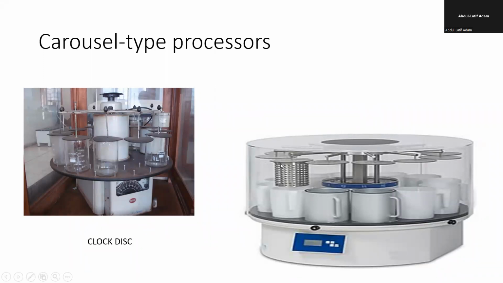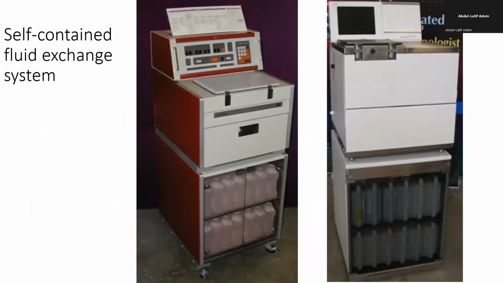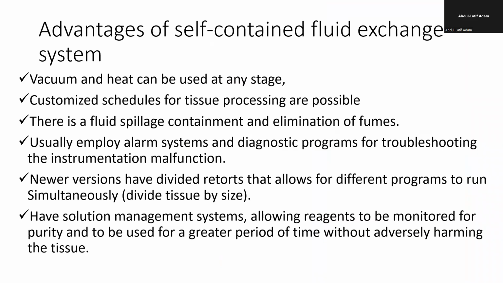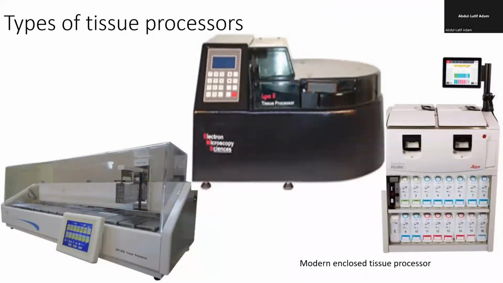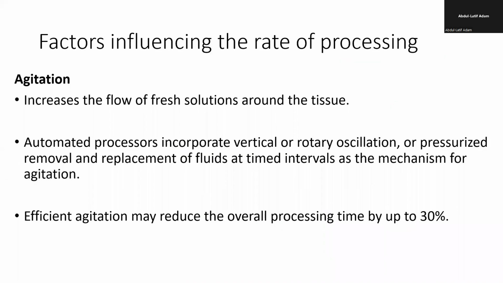If there is still some fluid in there, it will be dripping until it gets into the container, so it causes spillages. But with this one, there is no spillage because it's a tube that is taking it in. There is also no fume generation. Everything is inside. Not like the carousel type, where when it is lifted, the fumes, aerosols and other things will be created, but this one doesn't create those.